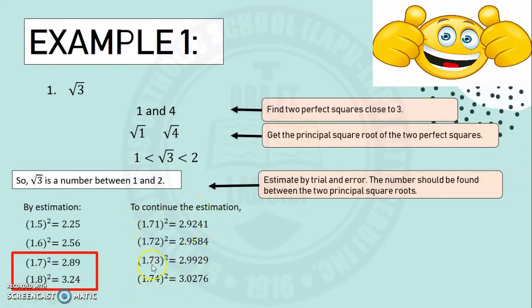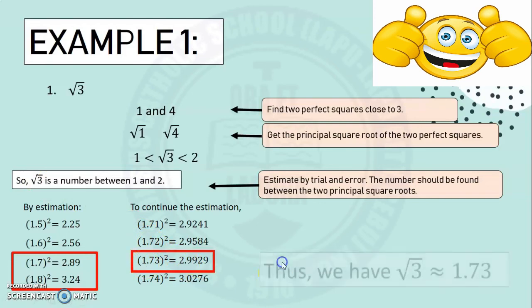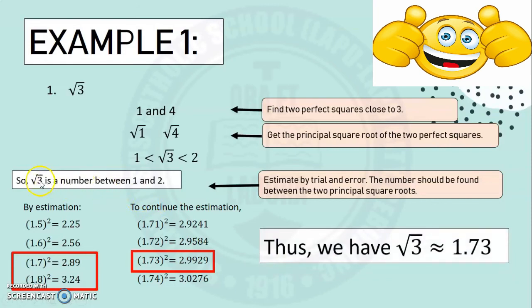So we have only 3 choices. Which of these is the number closest to 3? We have this number, and that is 1.73. Thus, we have the square root of 3, which is approximately 1.73.